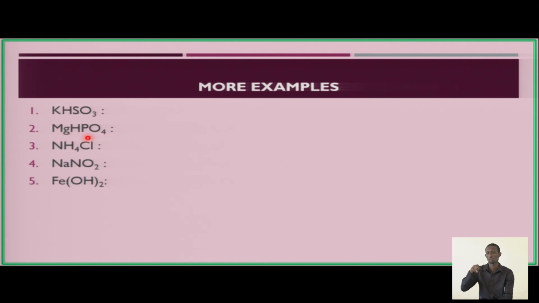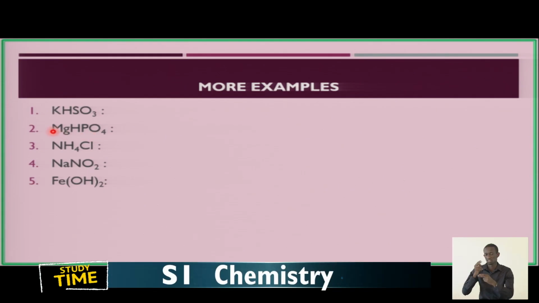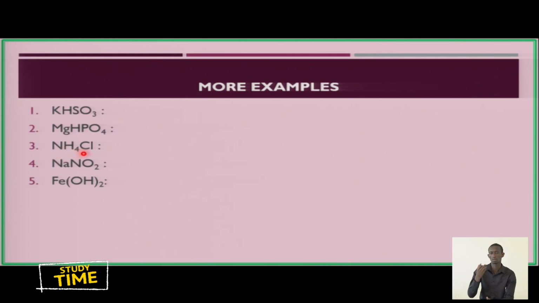And the second one is MgHPO4. The name for the positive part, the metal one, is magnesium. And this one is hydrogen phosphate. So the name will be magnesium hydrogen phosphate. Ammonium and chloride, so the name is ammonium chloride.